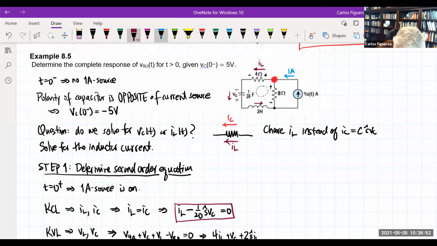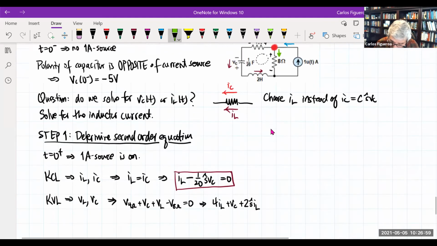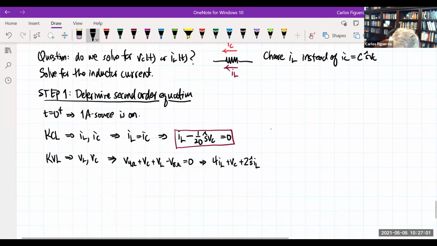So the current of the 8 ohm should be 1 minus IL. So I'm going to write this as minus 8 times (1 minus IL) equals 0.